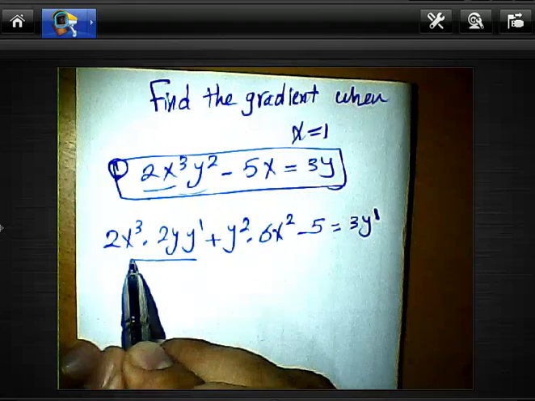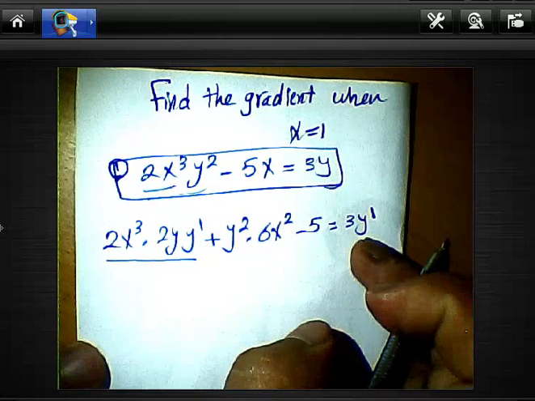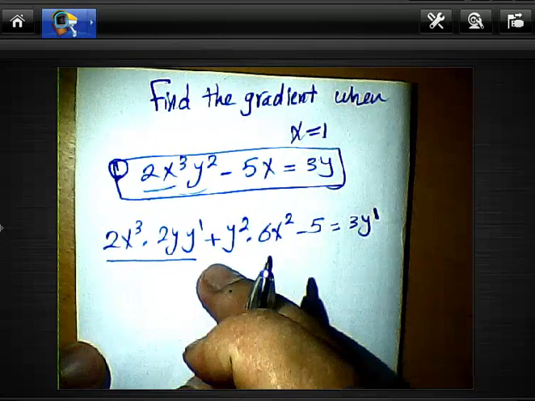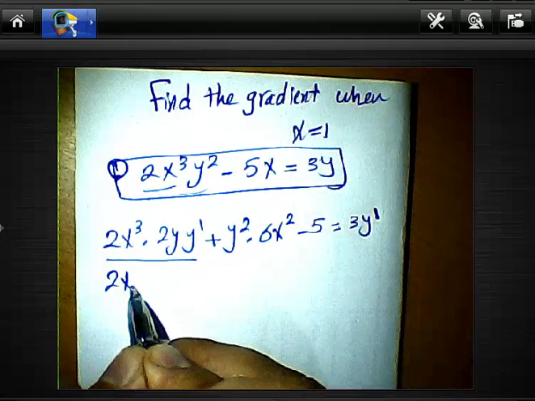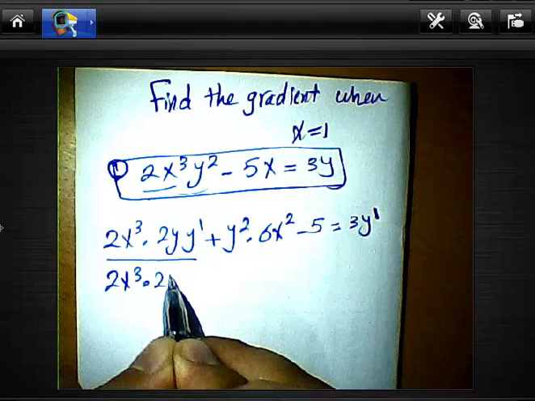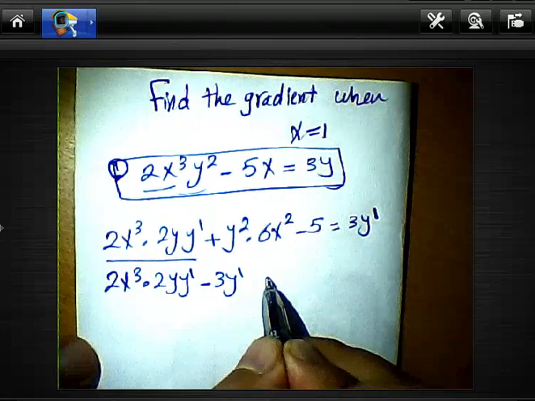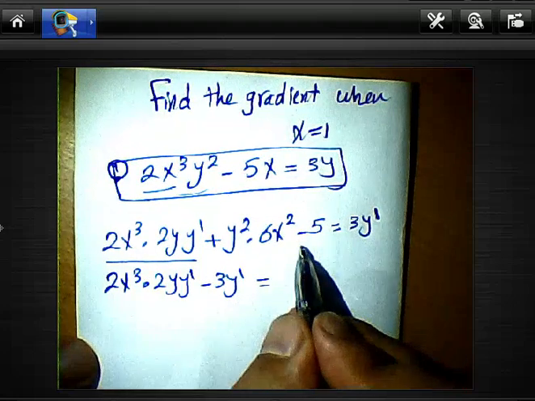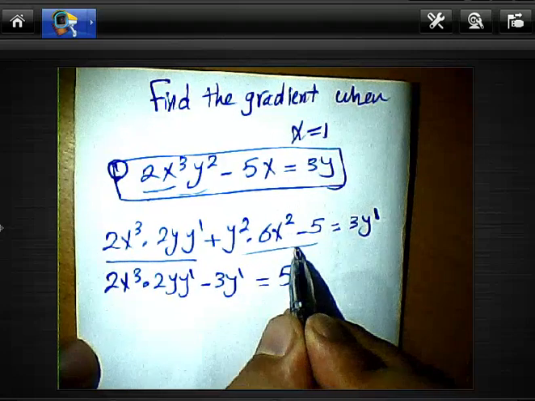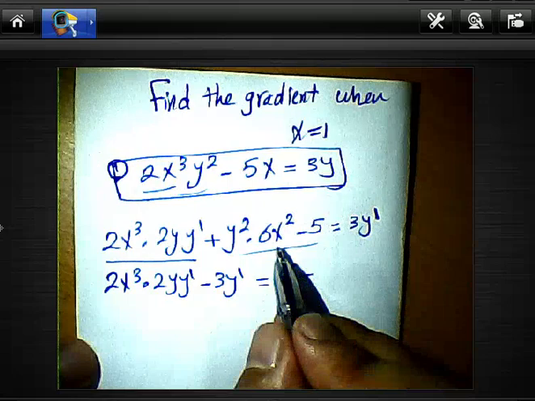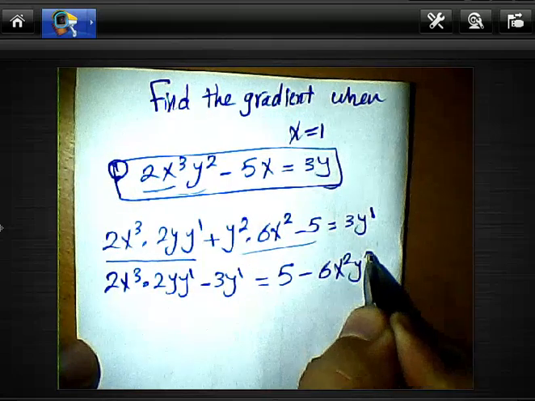We can write this expression, the first term, and 3y' outside here. We can move it to the left-hand side and invert the sign, so we write 2x^3 multiplied by 2y y' - 3y' equals, moving this expression from the left-hand side to the right-hand side and inverting the sign, 5 - 6x^2 y^2.